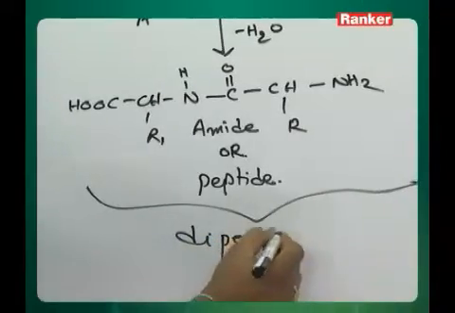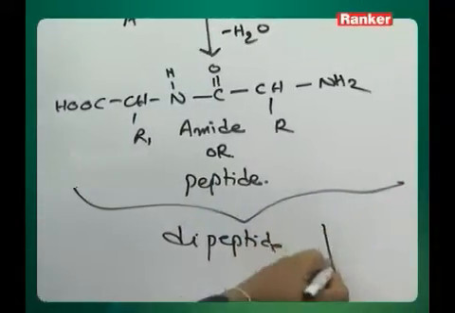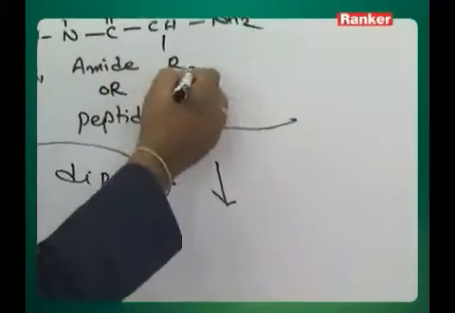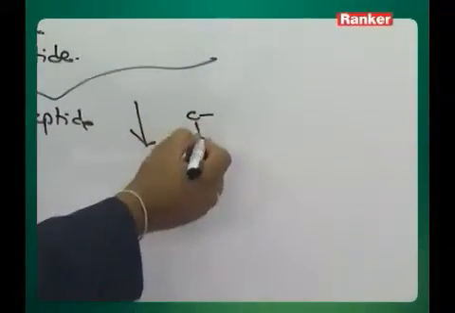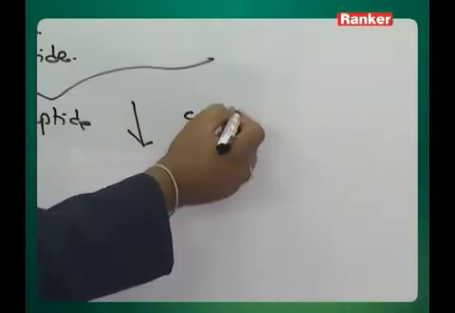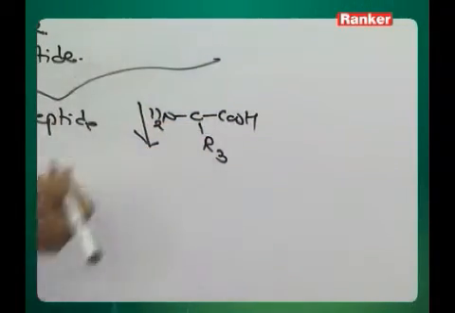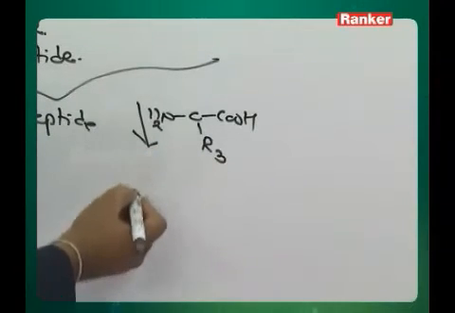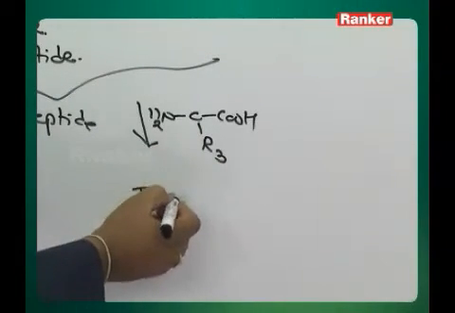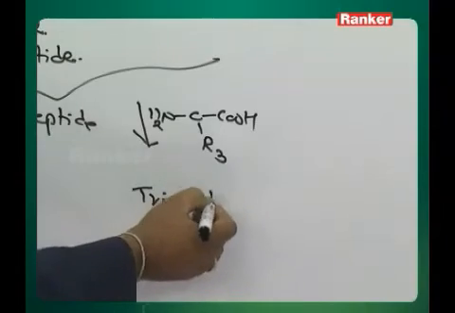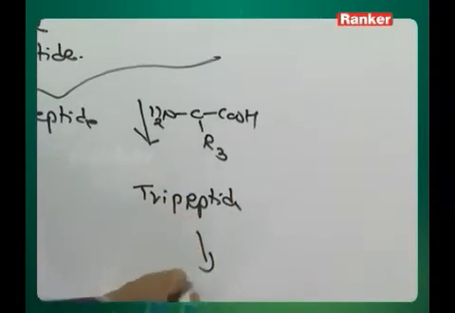Dipeptide. Like that, one more amino acid containing R3 is joined, or the same R1 you can take, and you will get a tripeptide, and so on.